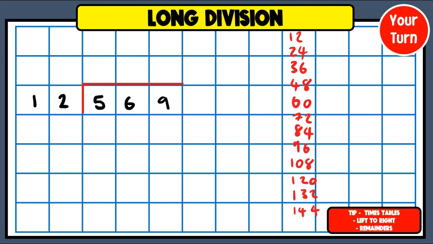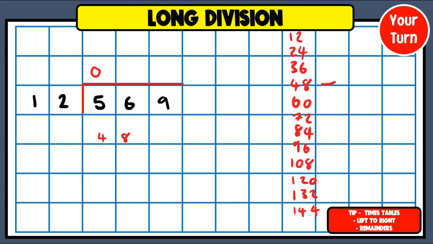Right. How many times does 12 go into 5? It doesn't. Like I said, you can put the 0 there or leave it. Next stop. How many times does 12 go into 56? So let's have a look on the table. I haven't got 56, but I have got 48. So I'll write 48 just underneath it.